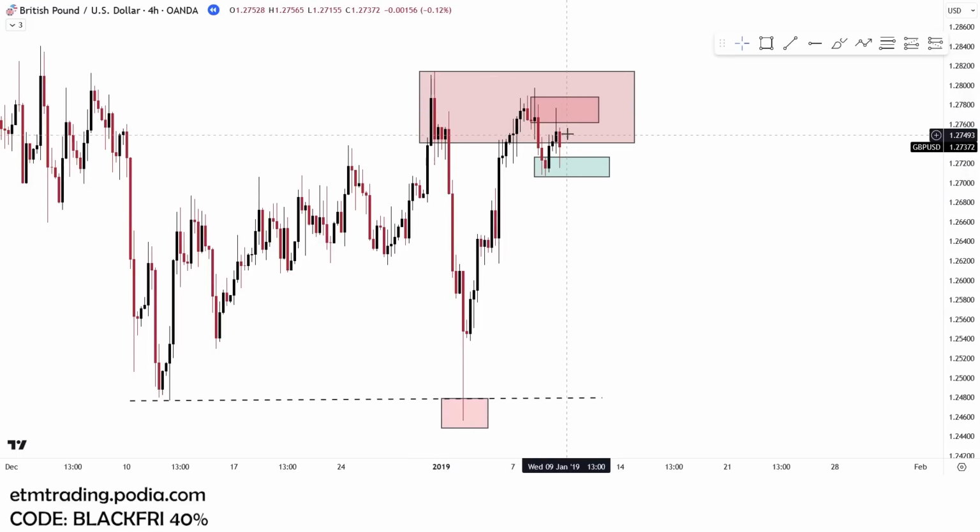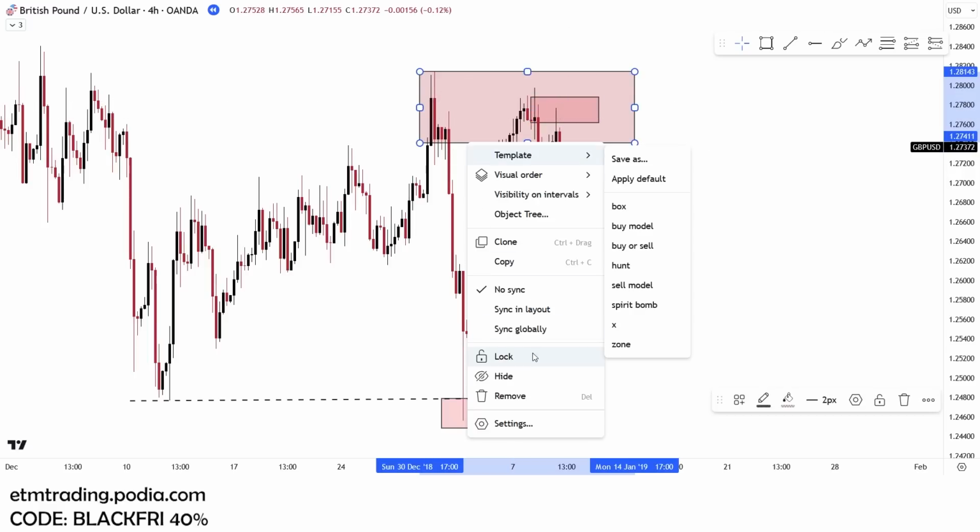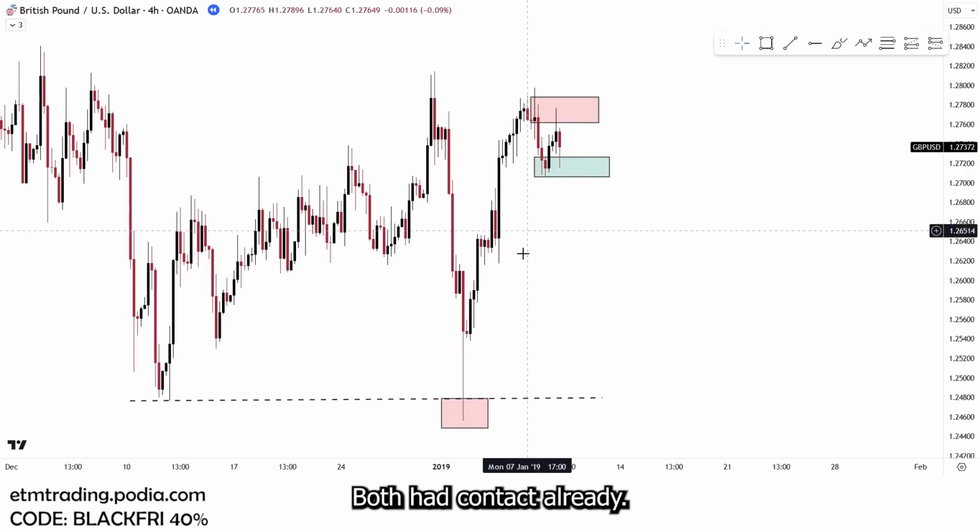Now you're using this demand level to overpower this weak macro supply level and this micro supply level. Both had contact already.